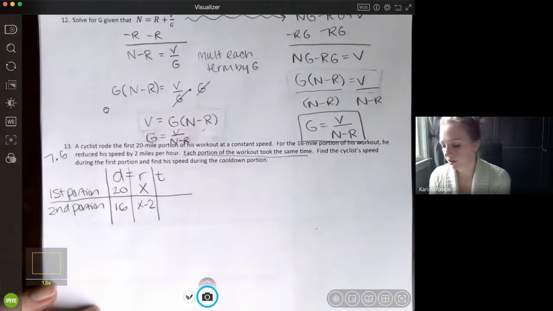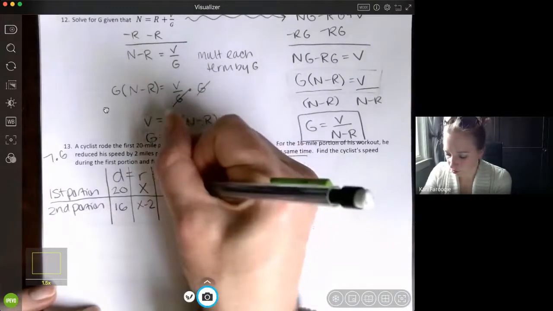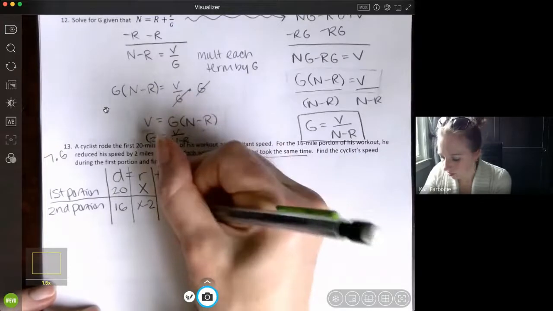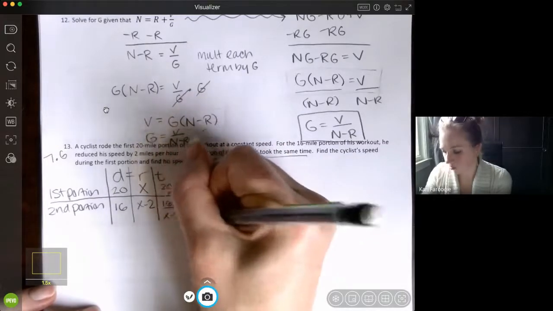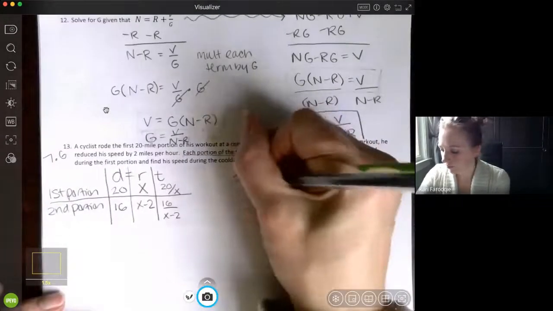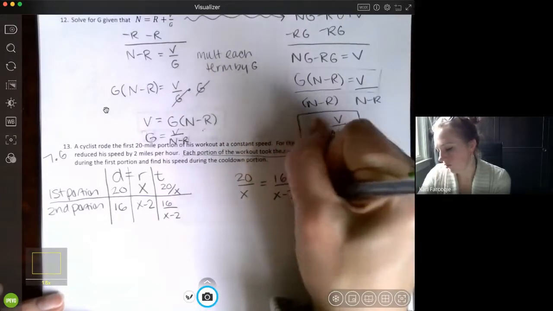Remember that if d equals rt, then we can take d over r to get to t. So d over r is 20 over x for the first portion and 16 over x minus 2 for the second portion. Each portion took the same amount of time. So set those quantities equal to each other.